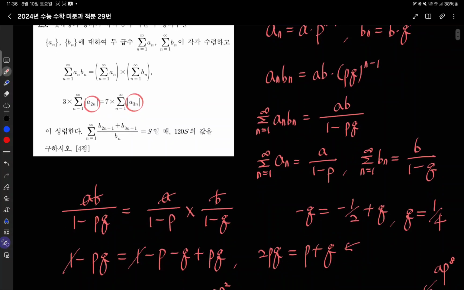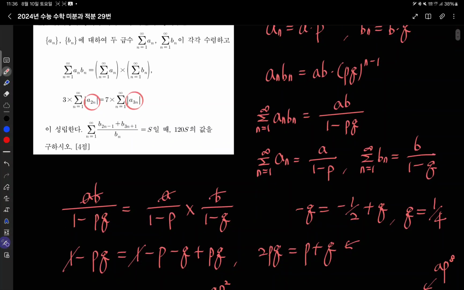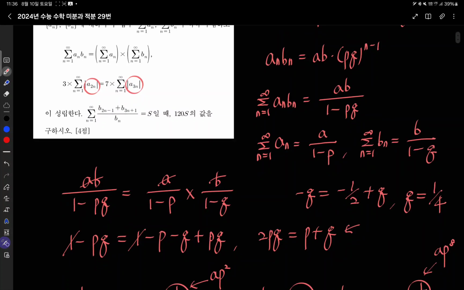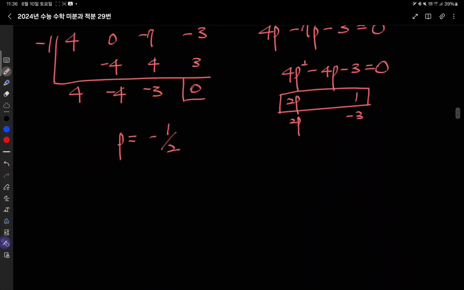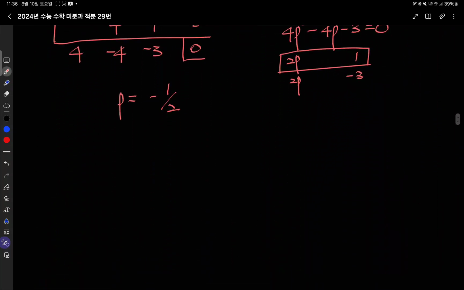And now, let's find out the value of the sum S. So the sequence B is B times 1/4 to the power of n minus 1.